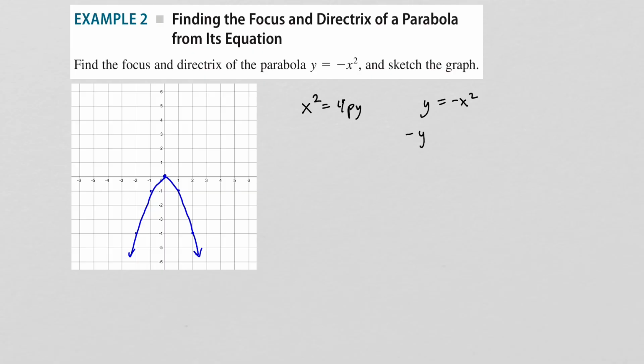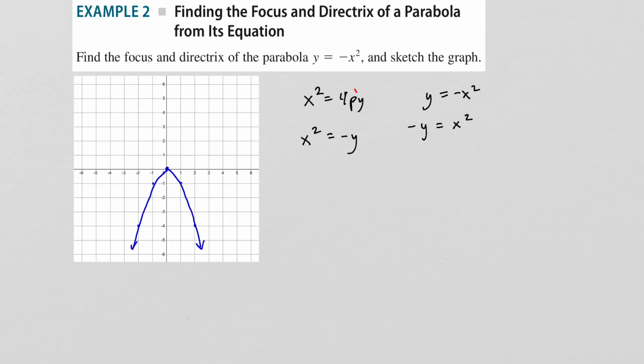If we multiply both sides by -1, that gives us x squared equals negative y. If you compare these two formulas, x squared equals negative y and x squared equals 4py, then that means 4p has to be equal to -1. And if 4p equals -1, this means that p is equal to -1/4.